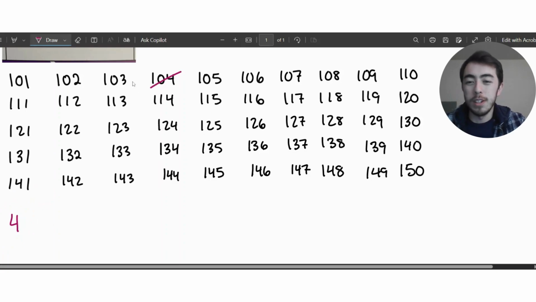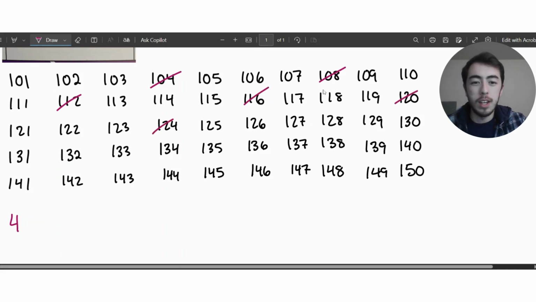And what I can do here is just count up by 4, and I'll find my next number that's square-full, not square-free. I can just keep going. 1, 2, 3, 4. 112 is not square-free. 1, 2, 3, 4. And I'll just keep going up.